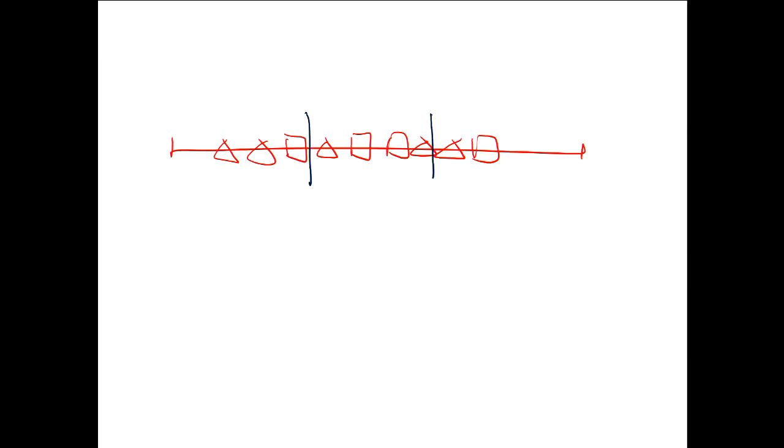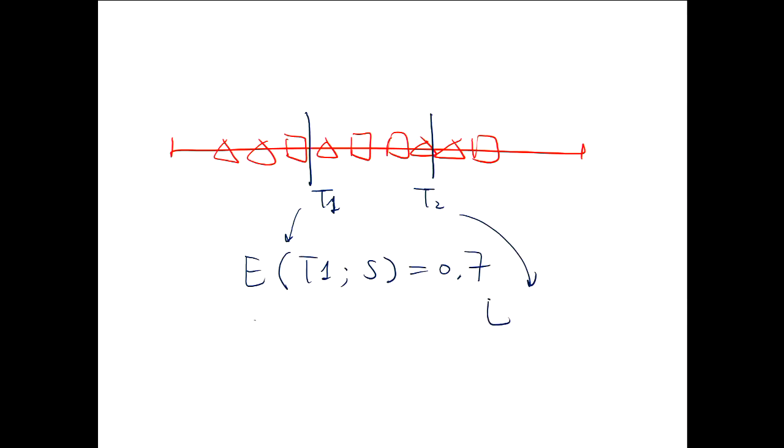With all the previous things, we know that this is a possible cut T1, and this is a possible cut T2. Let's say T1 given this S results in 0.7, and T2 of S results in, let's say, 0.3. Which one will we choose?